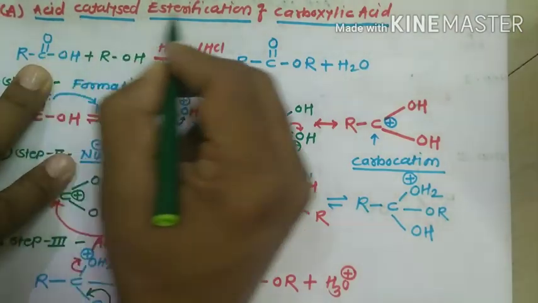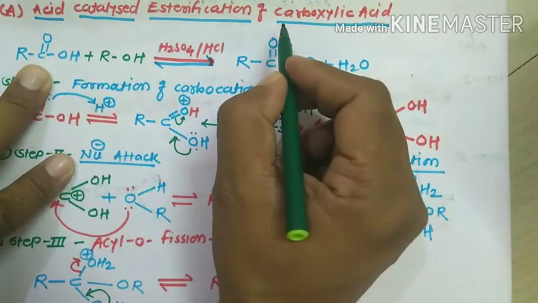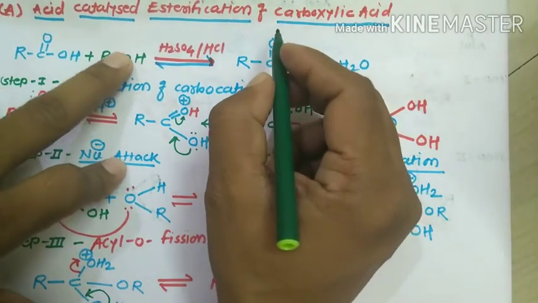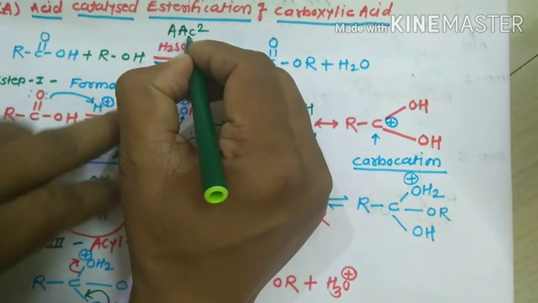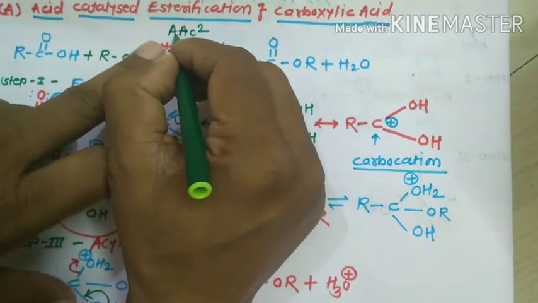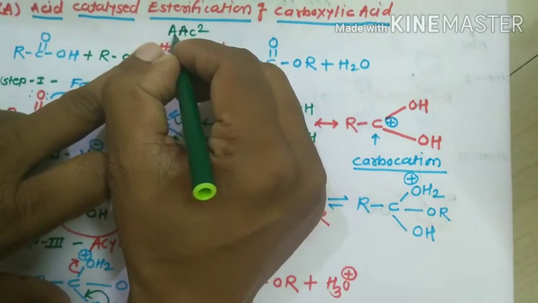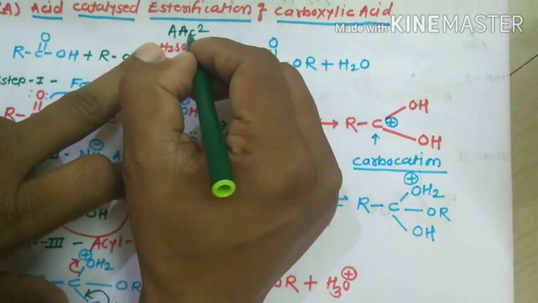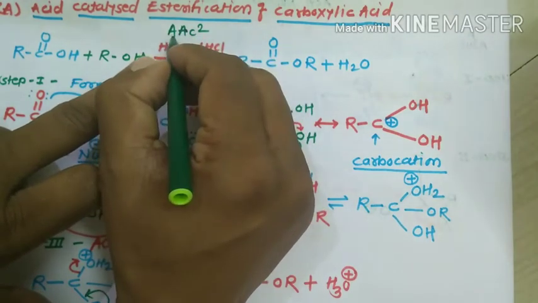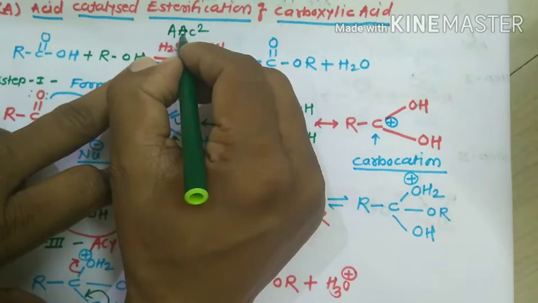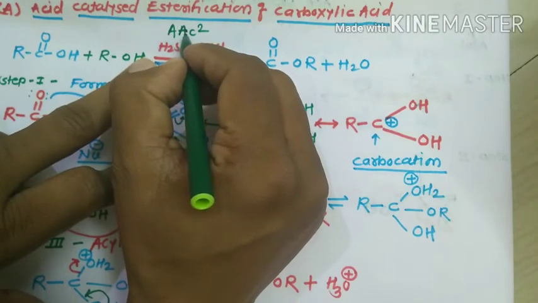The acid catalyzed esterification of carboxylic acid is also known as the AAC2 mechanism. That is, acid catalyzed bimolecular acyl oxygen. Okay, that is the meaning of AAC2.